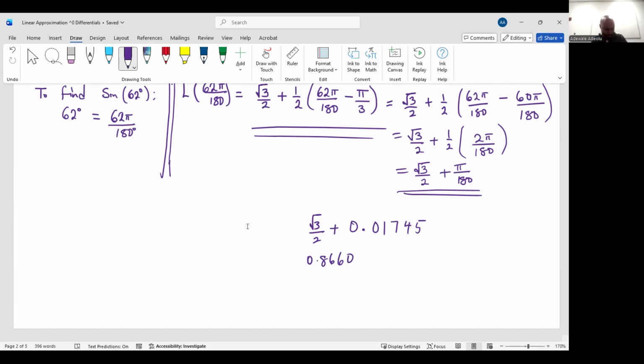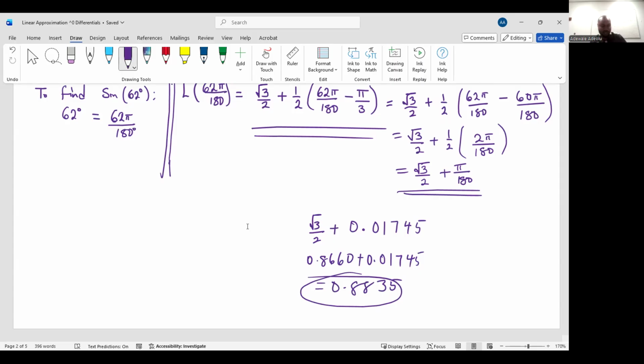Root 3 divided by 2, yes, 0.8660. If I add that to 0.01745, I have 0.8835. So what you can do now is take your calculator and go straight up to sine 62.